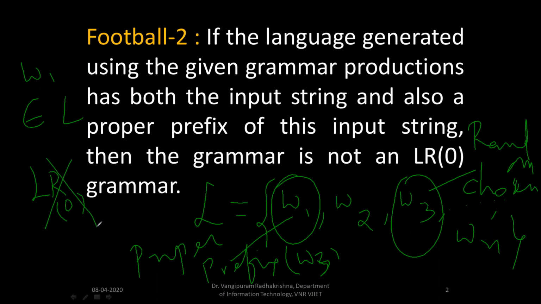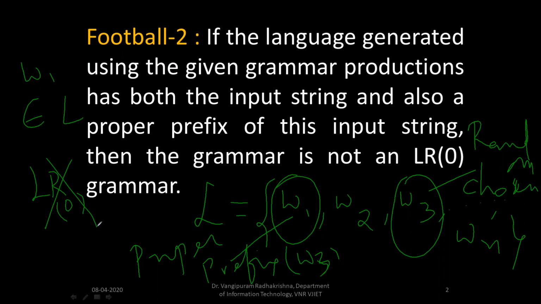So if you have a language consisting of some set of strings W1, W2, W3, so on to Wn, and you randomly pick out some string, say W3, and for this string there is one or more proper prefix within the given language, then such a context-free language cannot be an LR0 language, or alternately, whatever context-free grammar was used to generate this particular language can no more be an LR0 grammar.